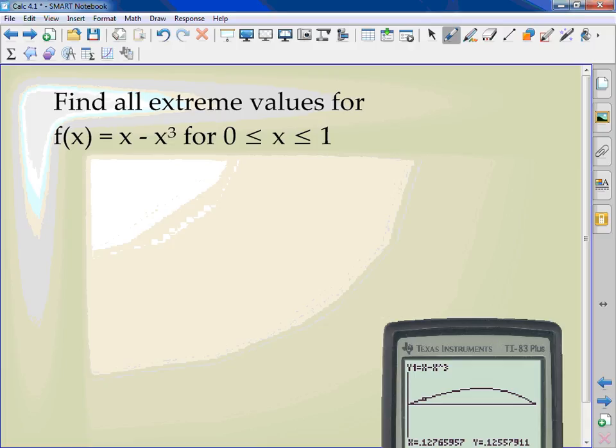Find all the extreme values for f of x equals x minus x cubed. Without using the calculator, this is what we're going to do. We're going to find the extreme values. Take the derivative of x.